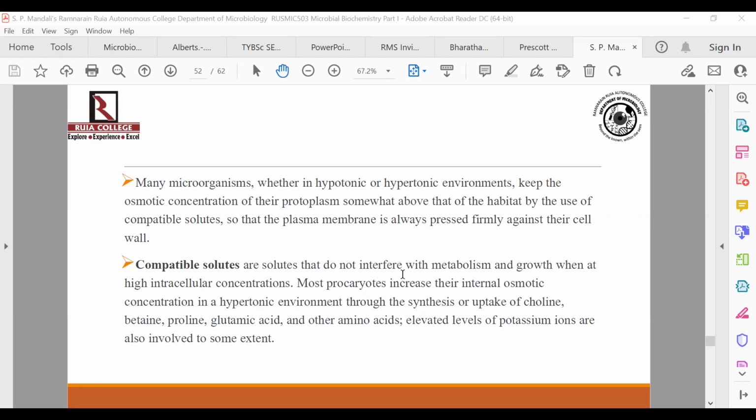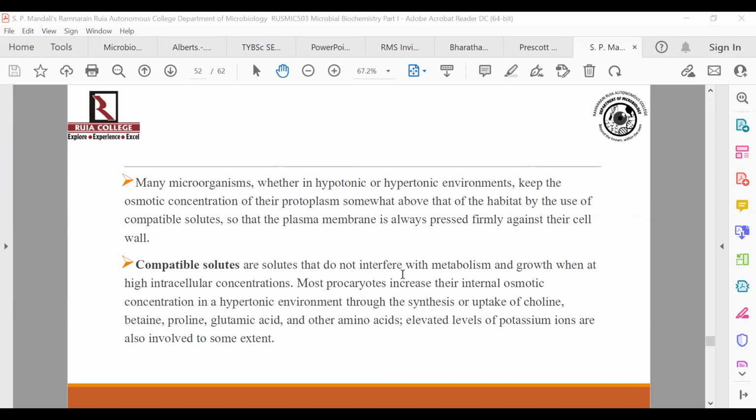These compatible solutes in no way interfere with metabolic activities or even with growth, even if they are in much higher concentrations, which makes it possible for the microorganisms to accumulate or synthesize these compatible solutes and keep their concentration much higher inside the cell.